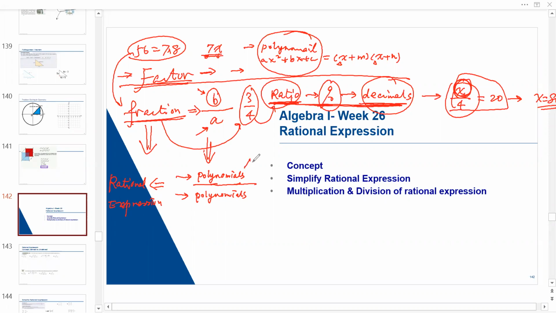Of course, this expression can be a constant number, or also just one term. But some cases are more complicated, where they are polynomials that go up to 3 or 4 terms. This is the numerator, and this is the denominator.